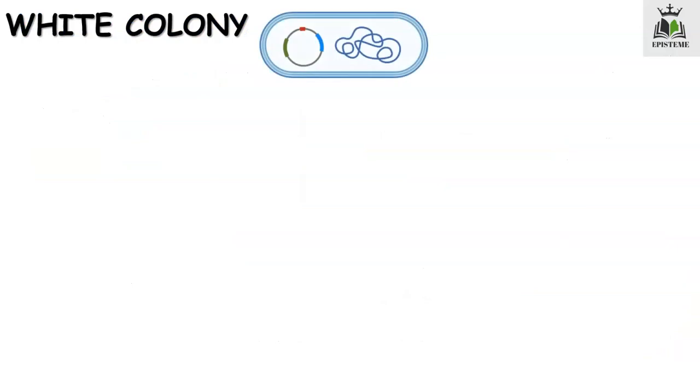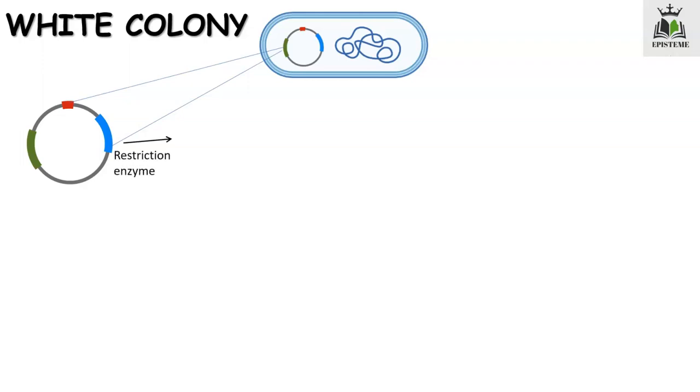Now the white colonies. Again we have a normal E. coli bacterial cell, and it has the plasmid, and in this plasmid we cut open the LacZ region by cutting with the restriction endonucleases or restriction enzymes, same thing.